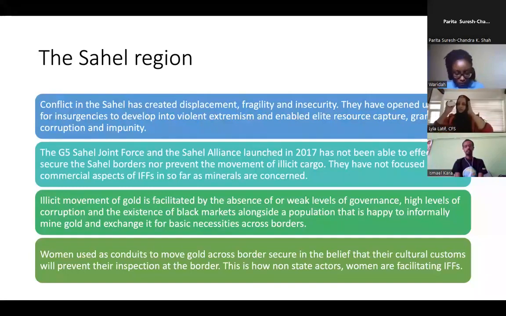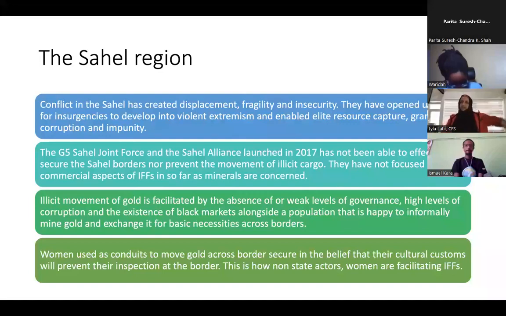So you're distracted in terms of ensuring there's peace and stability in the region, and you're not focused on tracking the smuggling of weapons, drugs, fuel, cattle rustling, poaching, preventing the alliance of terrorists across borders, right? So you don't focus on the commercial aspects of illicit financial flows insofar as the minerals are concerned in the Sahel region.